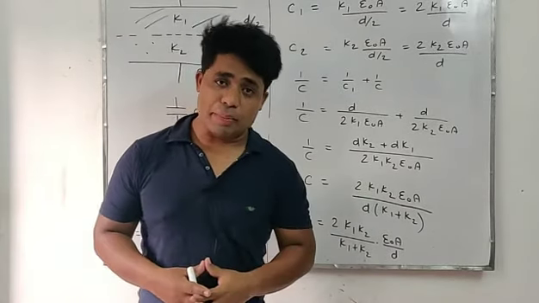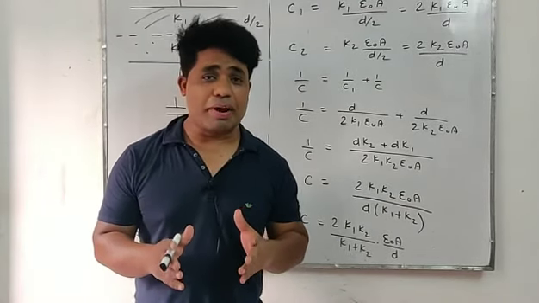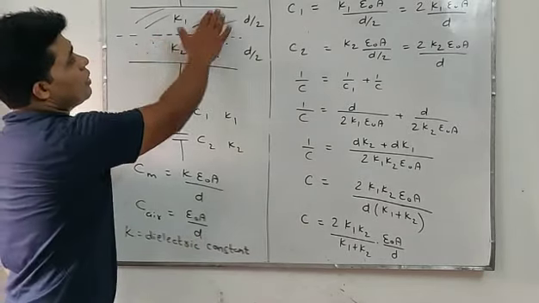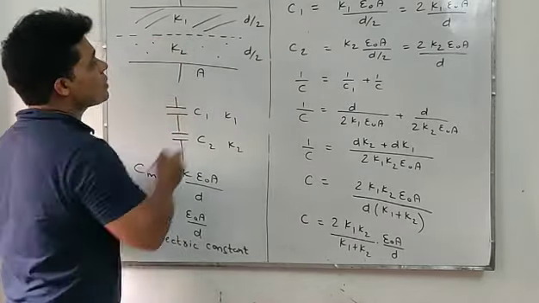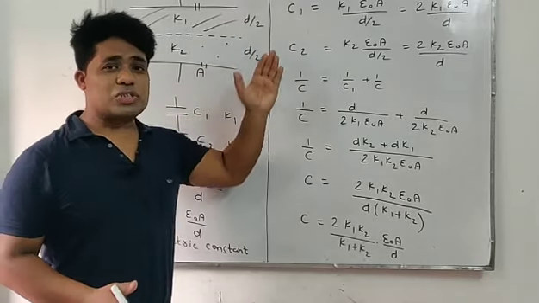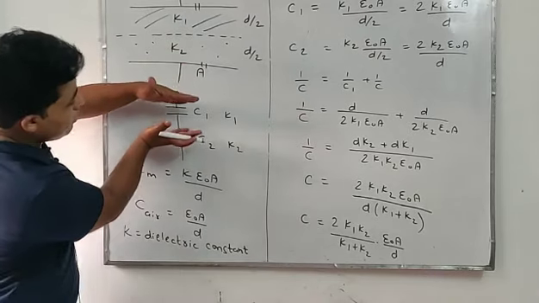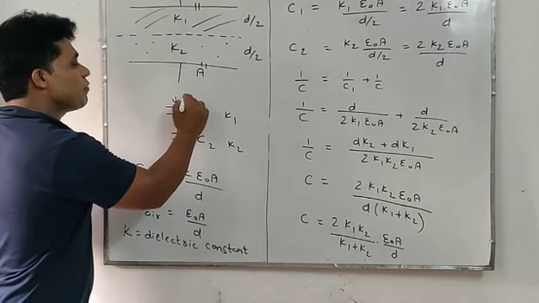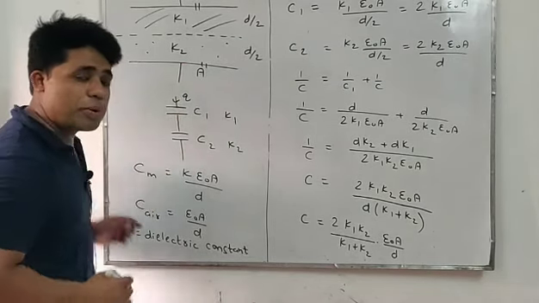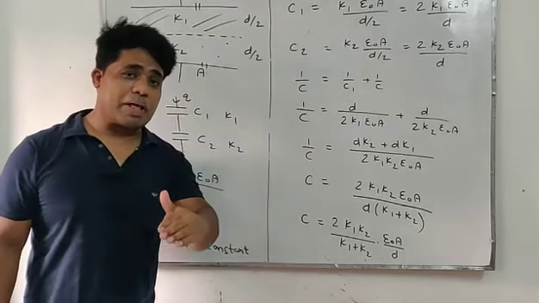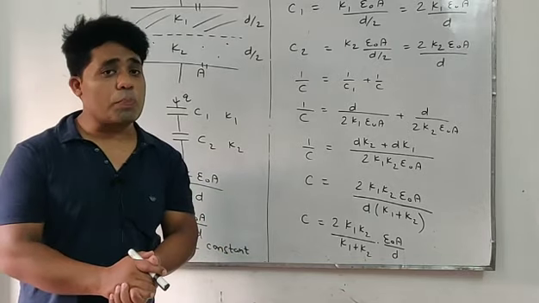Another question, number two. Again based on parallel plate capacitor, but this time we divide the capacitor horizontally in two parts. When we cut horizontally like this, the same charge will flow, so it becomes a series combination.